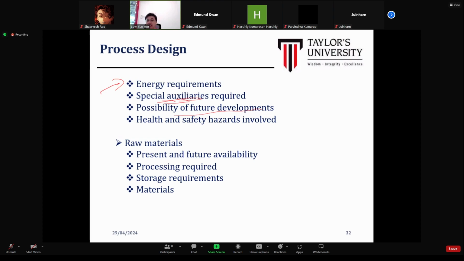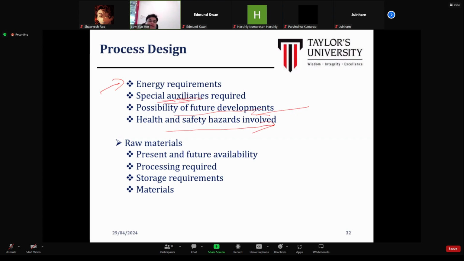We also can consider this in order to support our decision making. And besides that, for the process or technology that I'm going to select, does it involve any hazard or toxic chemical? If possible, we want to avoid that. All are considered technical factors.